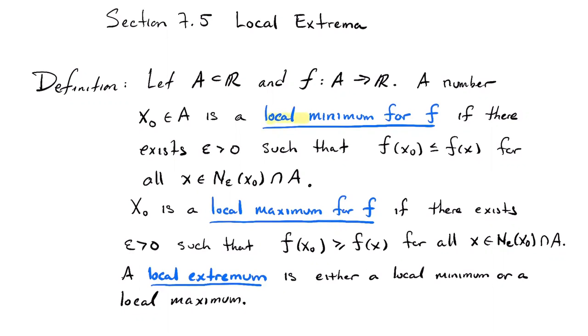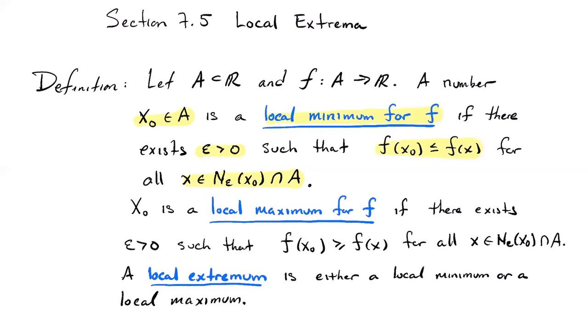So that's the term I'm defining. I've bolded it in blue here. So the local minimum is an element of the domain. And it's a local minimum if there's some epsilon neighborhood of that point, so that if you take any valid input, that is any x that belongs to that neighborhood and the domain, the value at x naught would be less than or equal to the value at any other x.